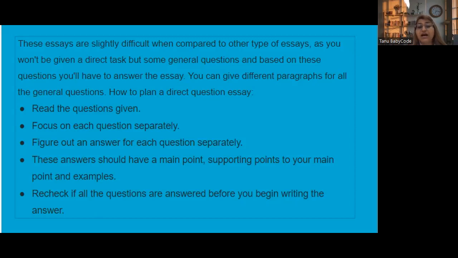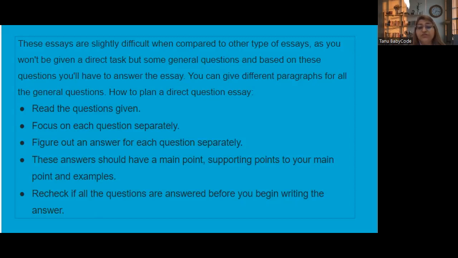The second thing is how you can plan your double question essay. What planning you need to do? Very first, you need to keep in mind the 5 steps to plan your double question essay. First is read the given questions. Whatever questions are given along with the statement of the essay topic, read them very carefully.